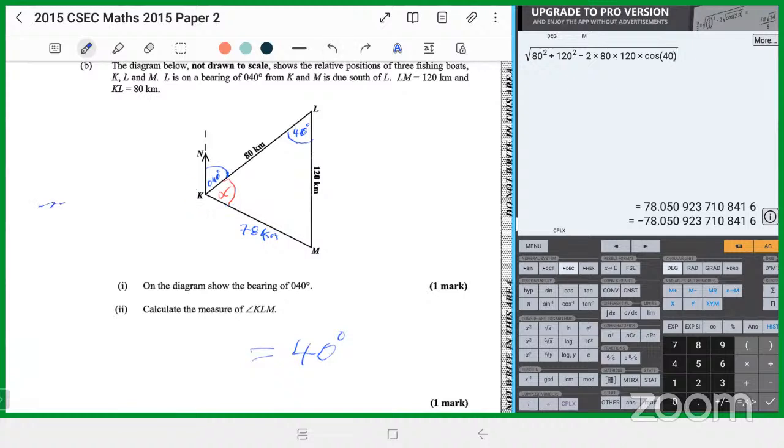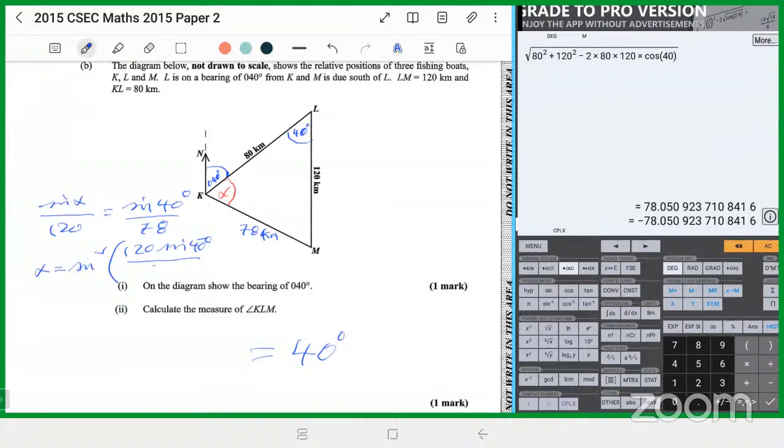So it's sine of alpha over the side opposite alpha, which is 120, equals sine of the angle that we know, which is the 40 up here, over the side opposite to it, which is the 78. Take the 120 and multiply it up here and I get the answer. So alpha equals sine to the minus 1 of 120 sine of 40 degrees over 78.